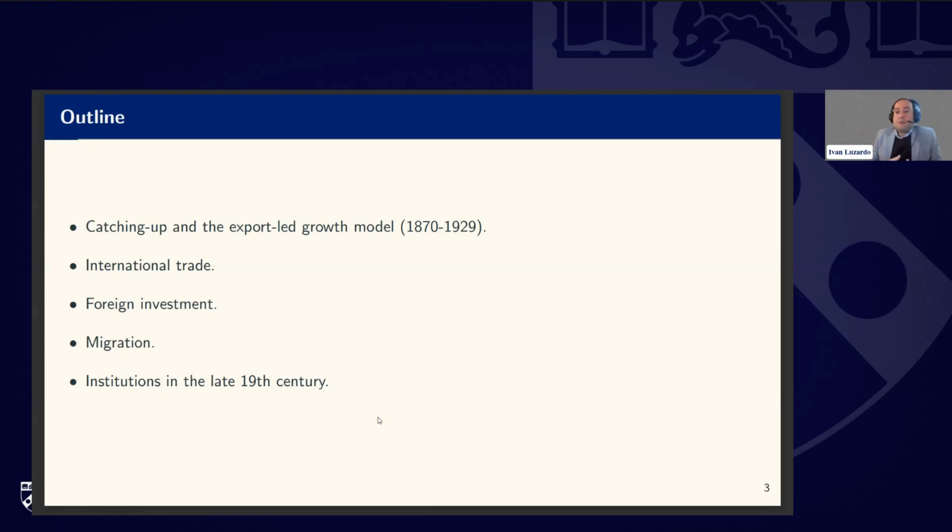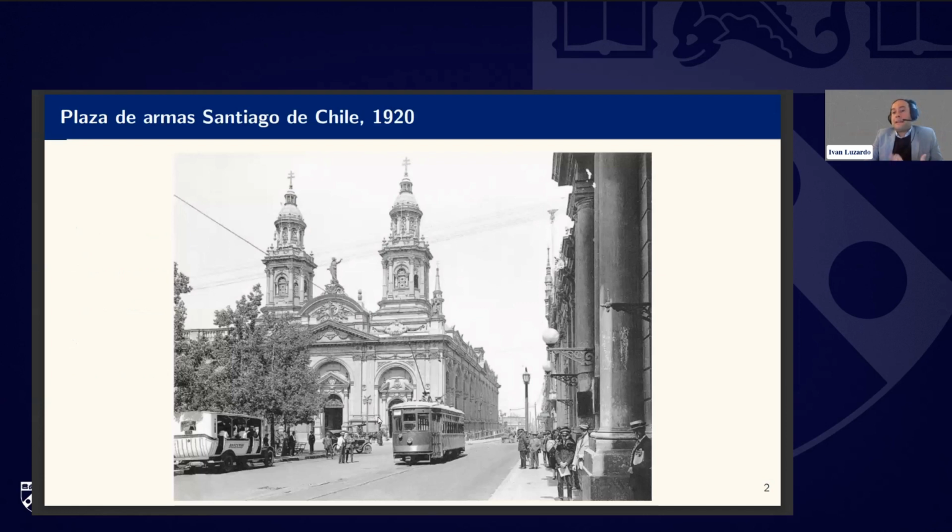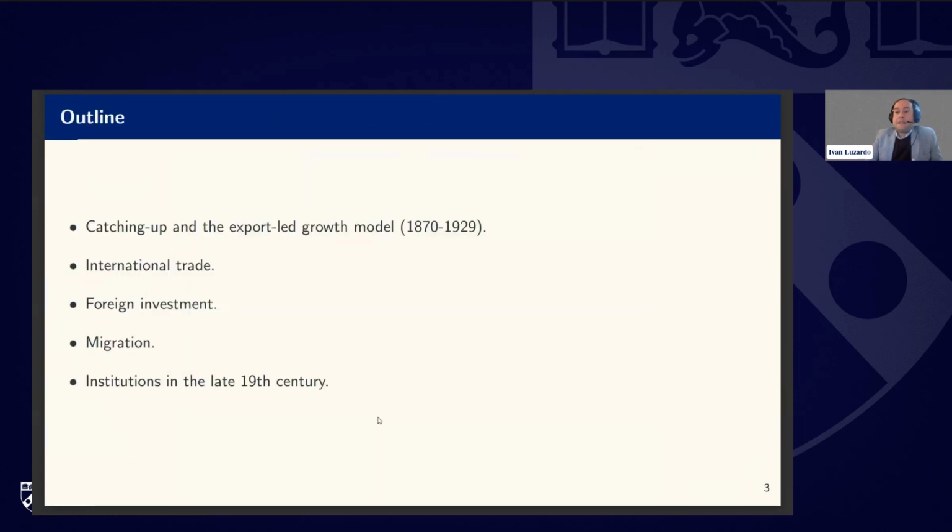So when I say that we can describe this period as the takeoff in Latin American economic history, I am saying that from that point onwards, we will start to see permanent and persistent economic growth.